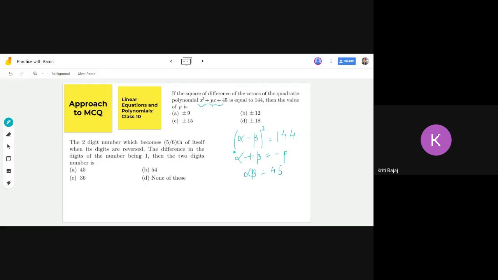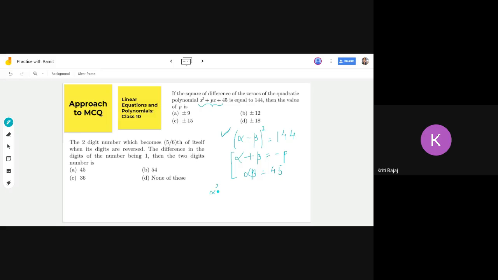Given these two conditions, what should I do with this condition where the value 144 is also known? What is coming to your mind with this equation? We might apply the identity of a minus b whole square.